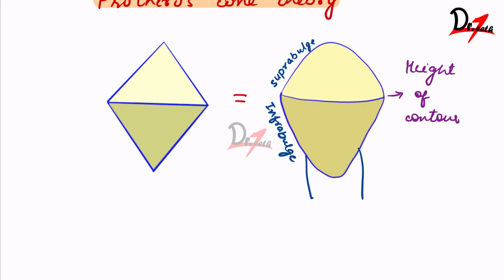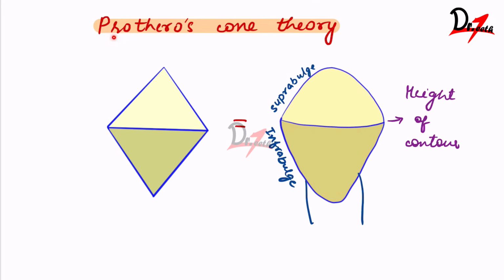Now let's talk about Prothero's cone theory. What is that? Prothero was the name of a person and he introduced this theory. In his theory, he said that the crown is made by nature in such a way that it resembles two cones placed with their bases facing each other, as you can see here.